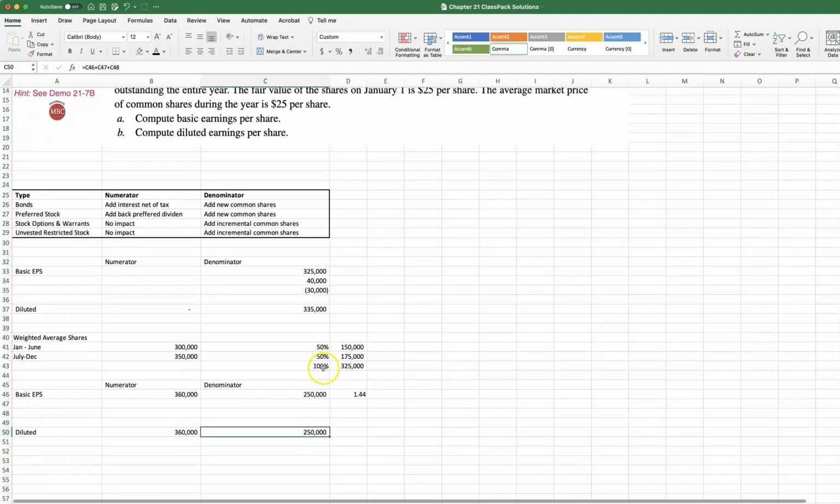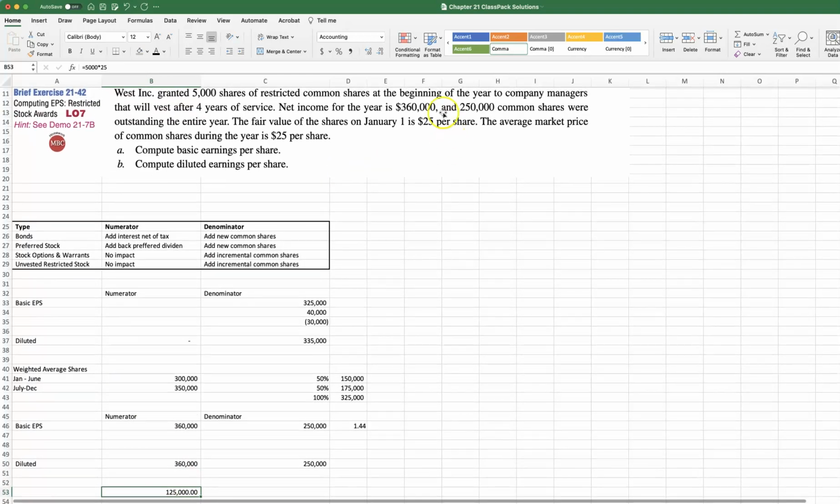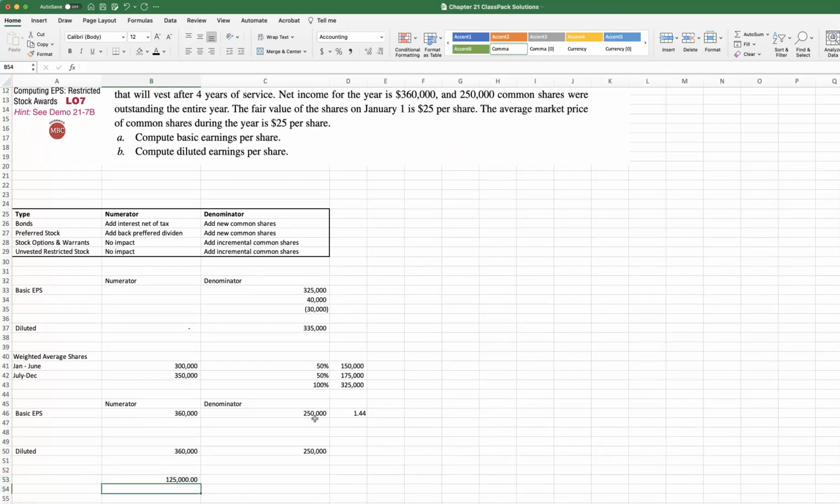So let's think about this in terms of compensation expense. So I've got 5,000 shares at $25 a share. That's roughly $125,000 in compensation expense. We're doing this EPS calculation at the end of year 1. So I have 3 years of compensation expense left. So I want to figure out of this total comp expense number of 125, which was the 5,000 shares that I've given them at the current market price of $25 a share, how much of this compensation expense is left?